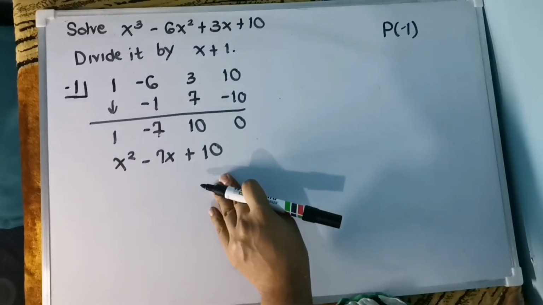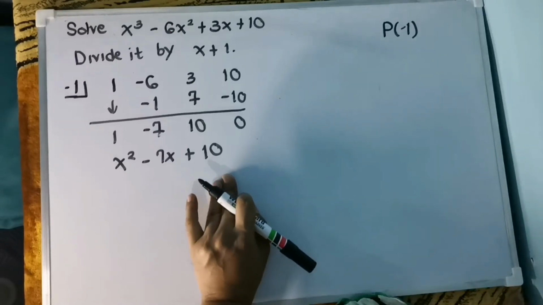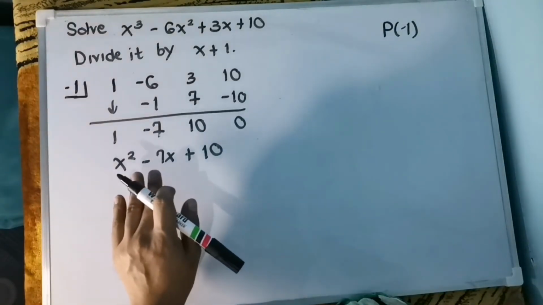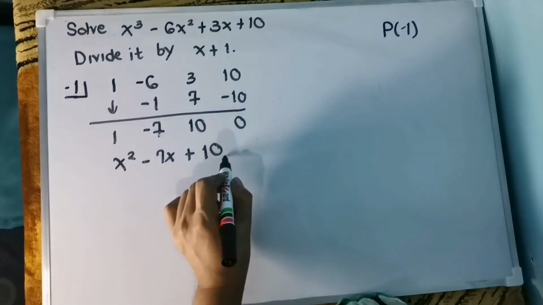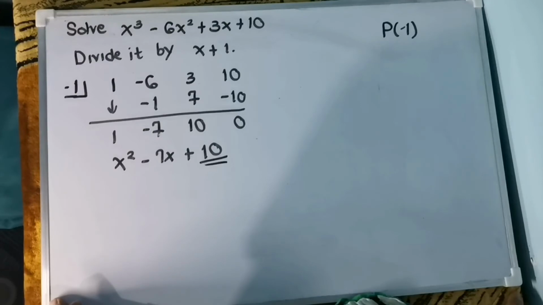So, we can make use of factoring general trinomials in the form of x squared plus bx plus c. So, paano natin i-factor itong x squared minus 7x plus 10? Considering yung ating last term na 10, ano-ano yung mga factors ng 10?